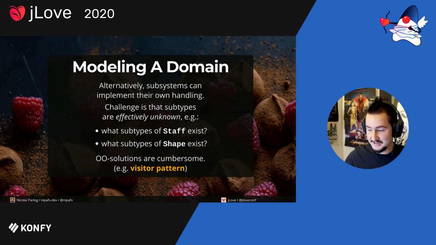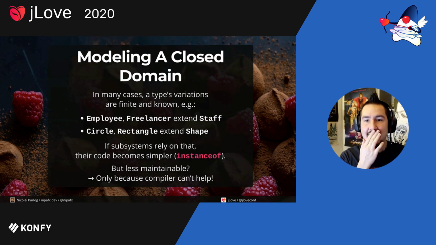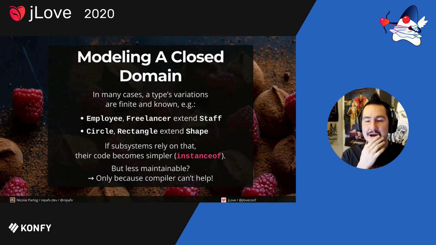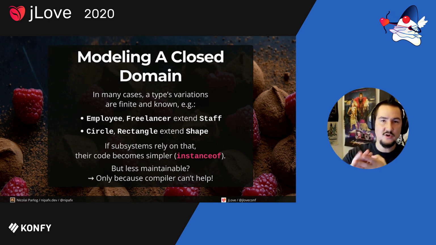So anyway, this is what the visitor pattern is for. But why do we do that? It makes sense to take a step back and think, why do we use the visitor pattern? Because there are situations where the type variations are actually finite and known. We know in our subsystems, we have circles and rectangles and no other shapes.